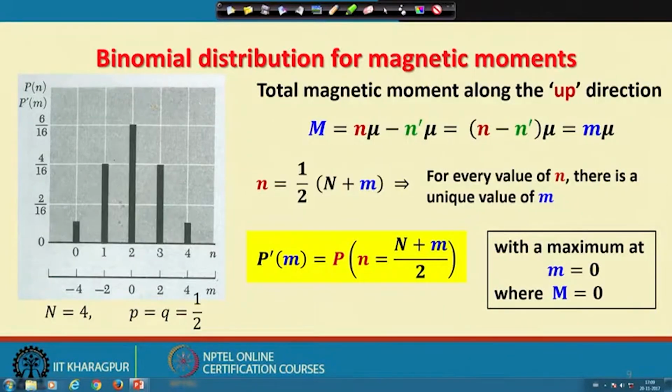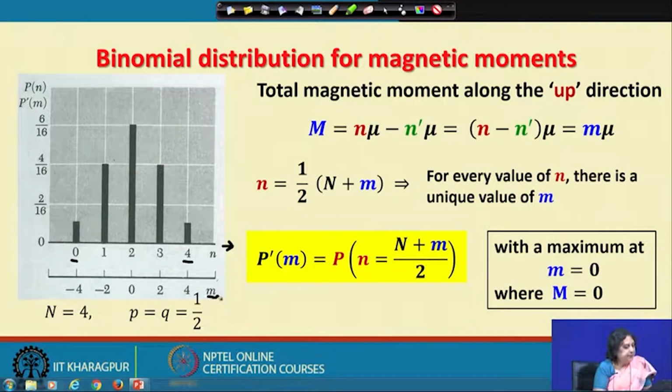Let us have a look at the resultant binomial distribution. Along the x axis, when I plot small n, the values start from 0 and go all the way up to 4, because I have capital N equal to 4. What are the corresponding values of small m? They are given along this direction.